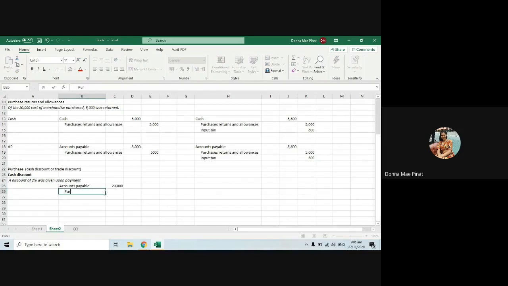Then, purchase discount. Because when we pay accounts payable in cash, there is a 2% discount. So, 20,000 times 0.02, that's 400.